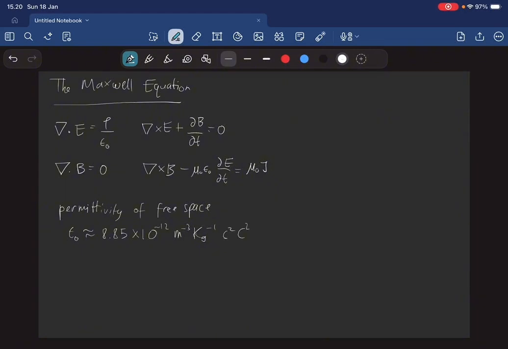It can be thought of as characterizing the strength of the electric interaction.